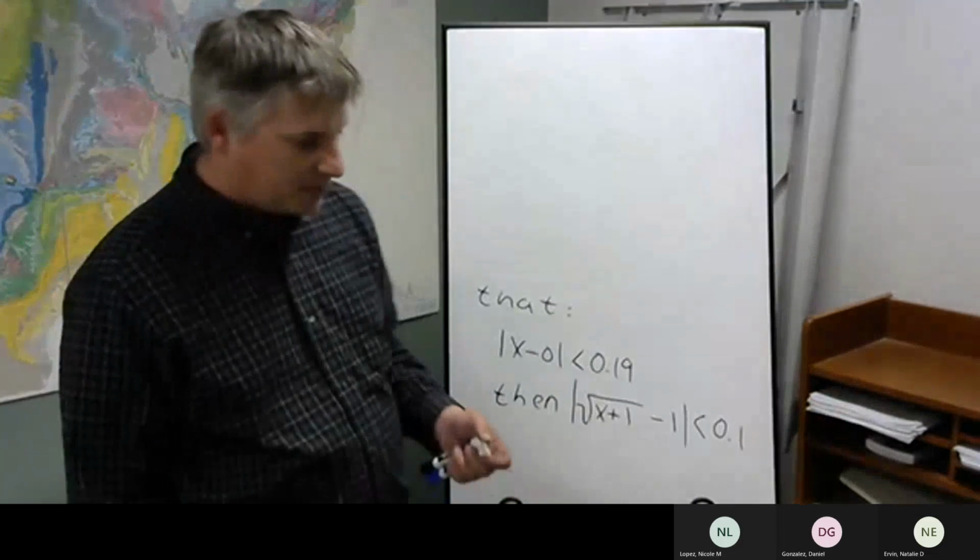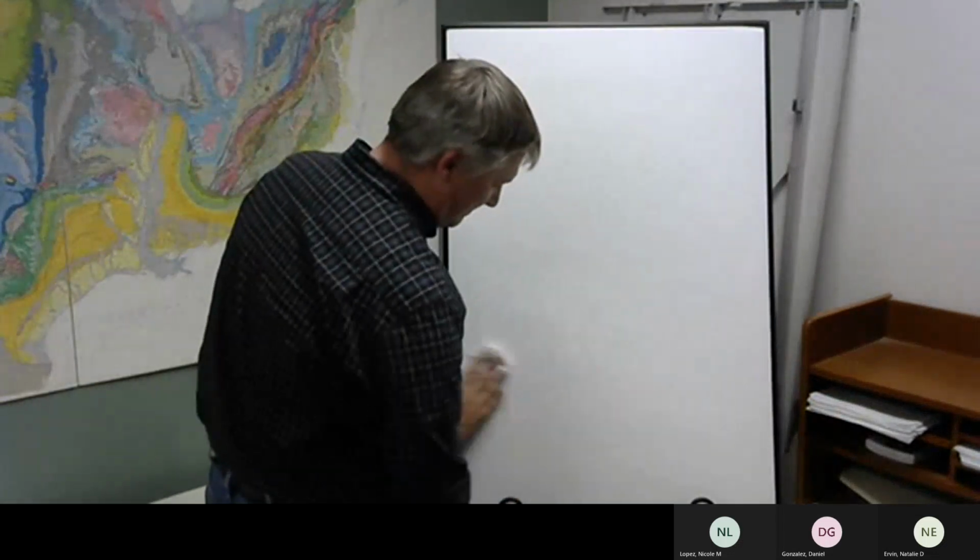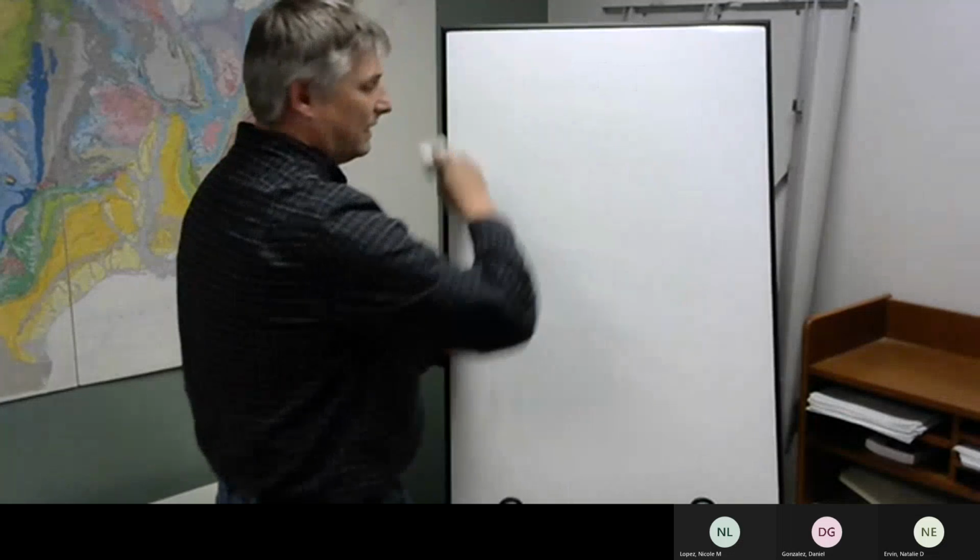So I'm going to move on to section 2.4. And with this, we're talking about one-sided limits. And the idea here is going to be this.